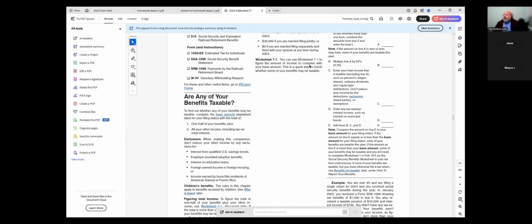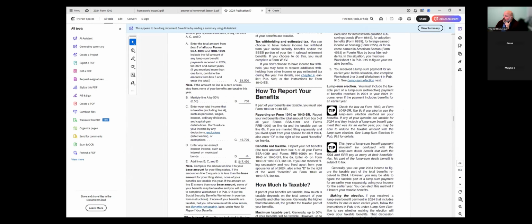Okay, so here's Pub 17, and this is page 63. This is the worksheet to figure out if it's even taxable or not. So that's the first worksheet you're going to do.